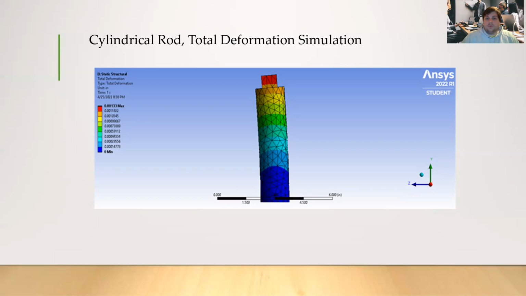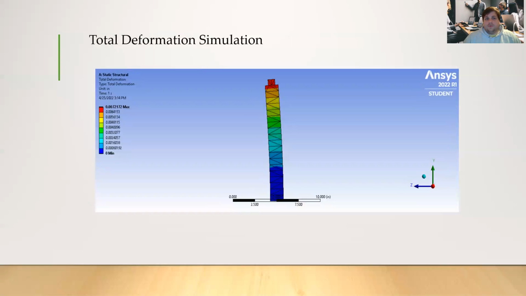Also, I would like to point this out because I thought it was a bit interesting. For the square cross-sectional rod, the maximum of the total deformation was generally distributed along the peg and the top of the rod.